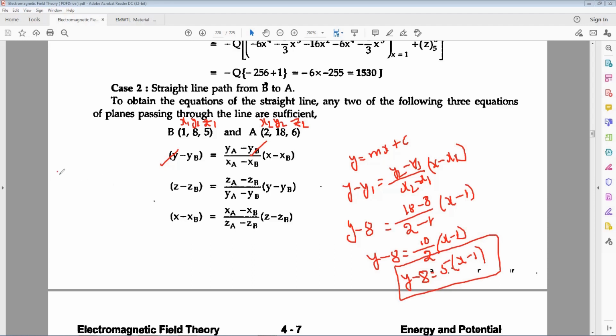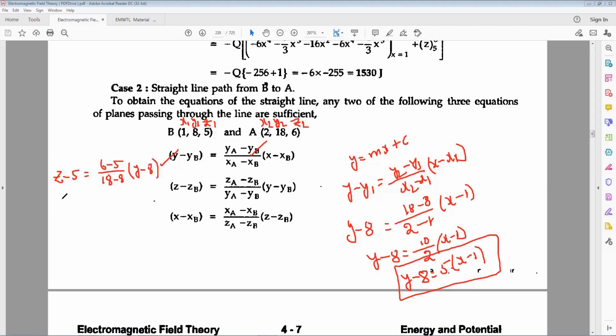For the second, z minus z1, it is z1 you can consider, that is z minus 5 is equal to z2 minus z1, 6 minus 5 by y2 minus y1. So y2 minus y1 is 18 minus 8 into y minus yb. So y minus yb is nothing but here the 8 value.